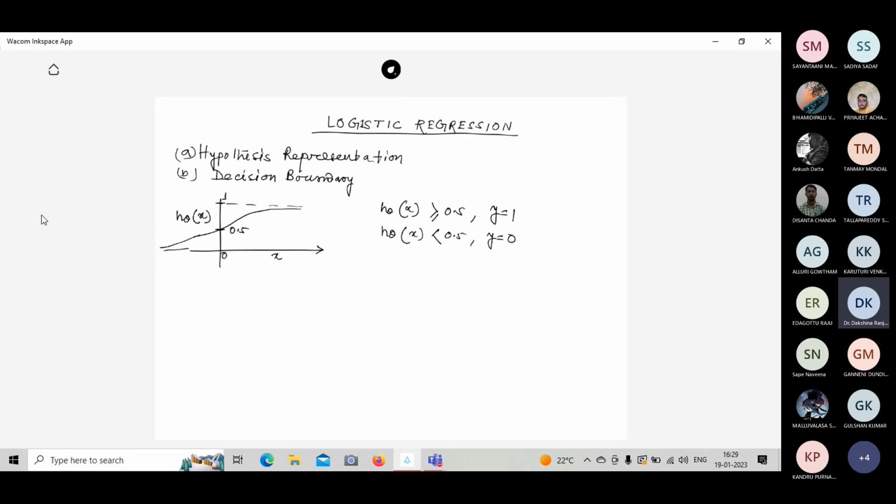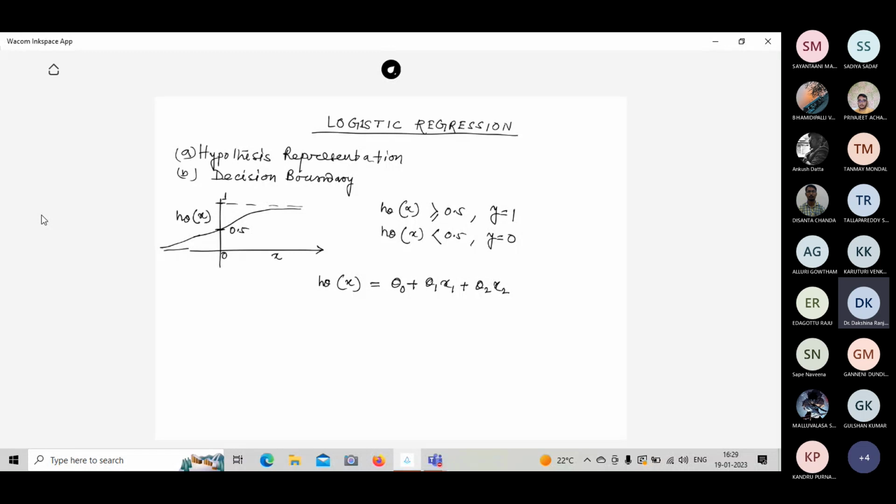Okay. So in hypothesis representation, what we have seen? We have seen that we get the hypothesis h theta x, theta 0 plus theta 1 x1 plus theta 2 x2. Okay. So this is a linear hypothesis representation.